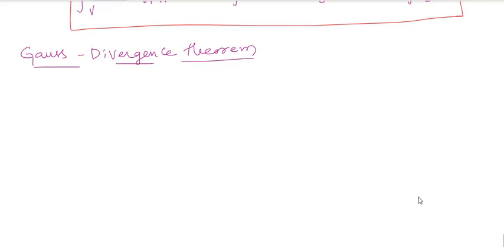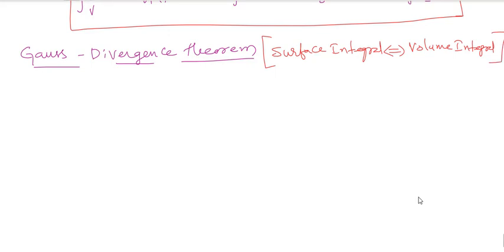This Gauss divergence theorem is used to convert a surface integral to a volume integral and a volume integral to a surface integral. This is the application of this. So let capital S be a closed surface.